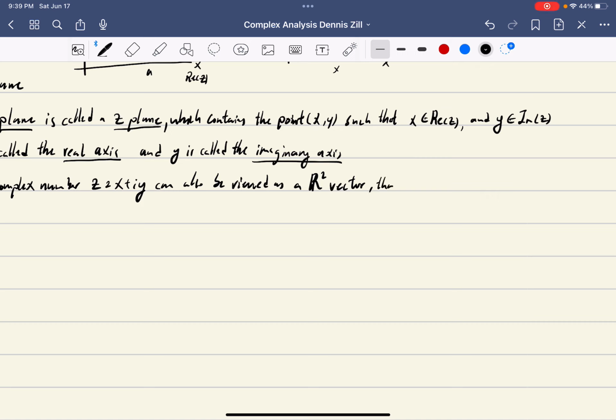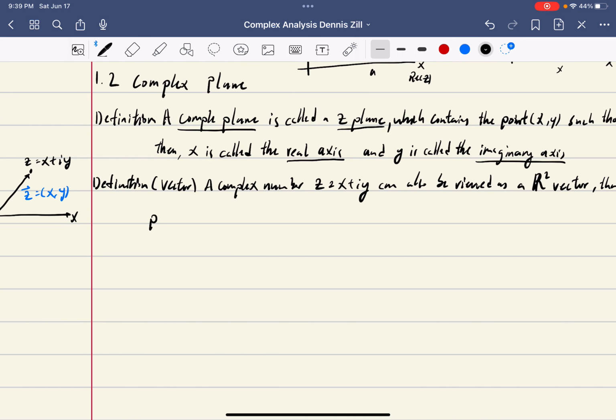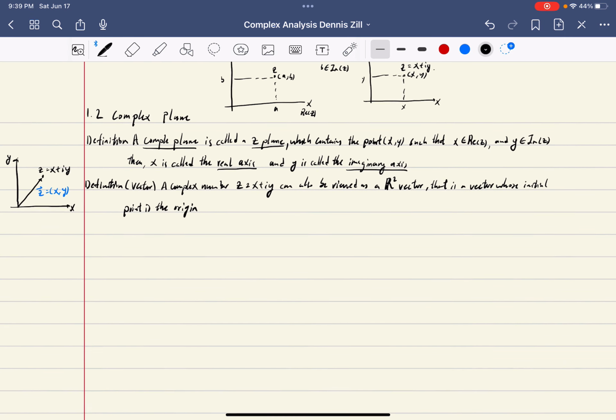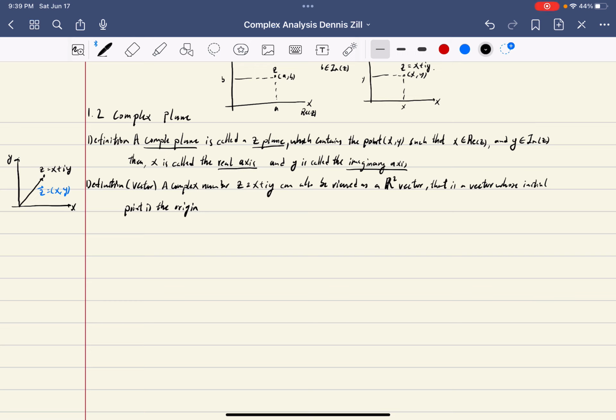That is a vector whose initial point is the origin, and whose terminal point is (x, y). There. So now we have another definition.